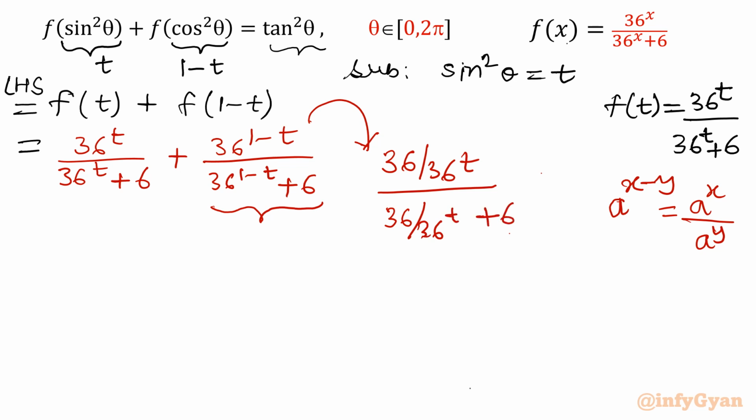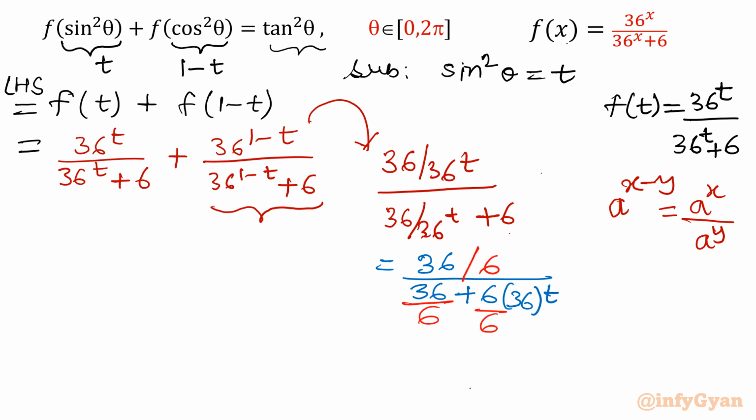Now I will multiply numerator and denominator by 36^t. So it gives us 36 over 36 + 6 times 36^t. Now I will divide numerator and denominator by 6. The second term comes out as 6 over 6 + 36^t.